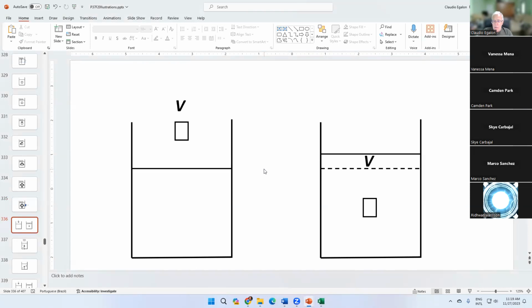He didn't do any mathematical calculation, okay? He just assumed that the weight of this displaced mass of fluid, this displaced mass of water, was equal to the buoyant force.